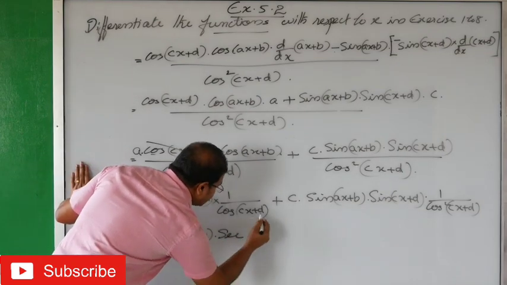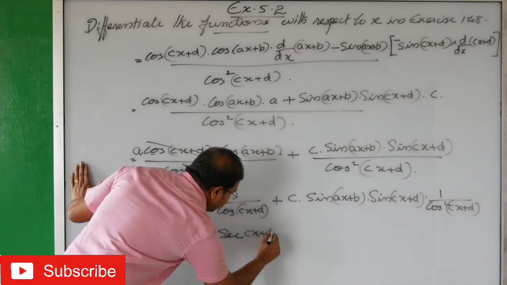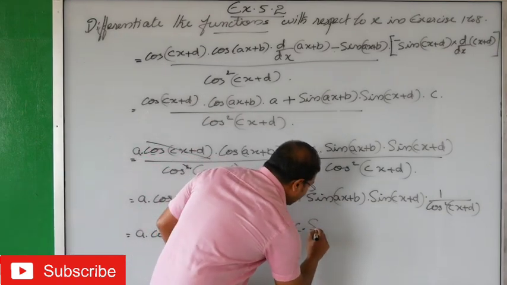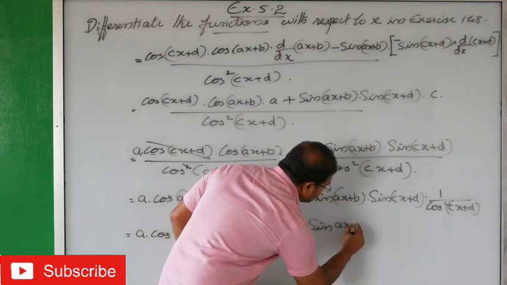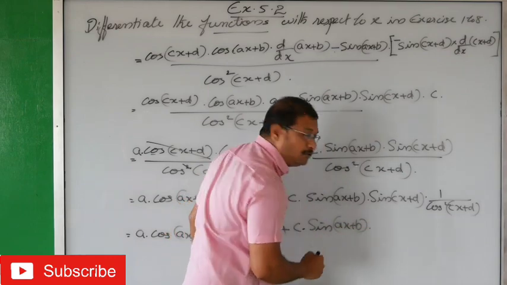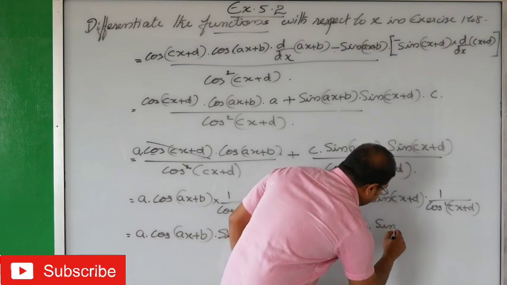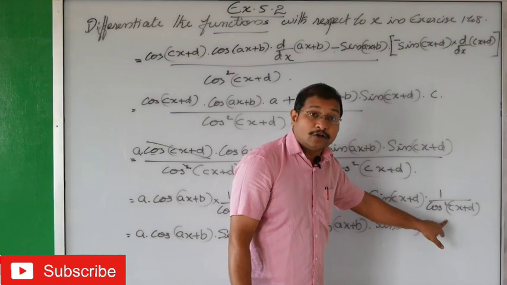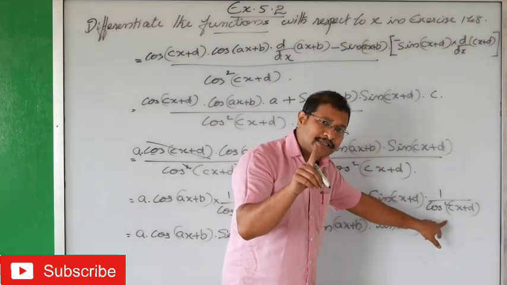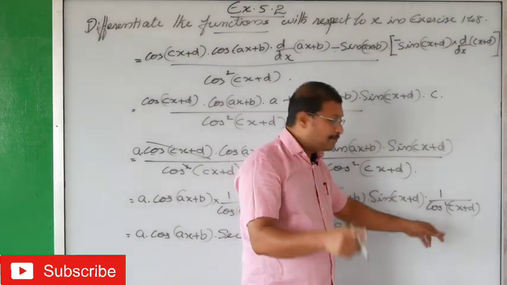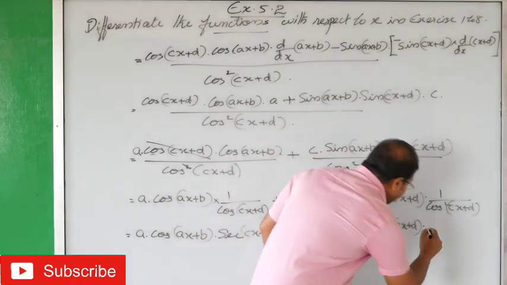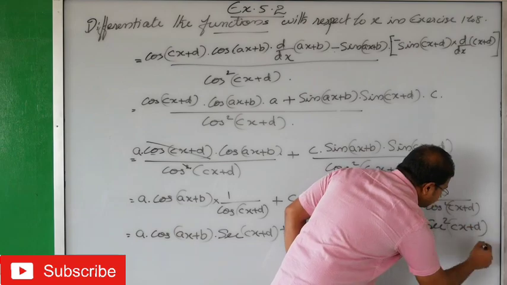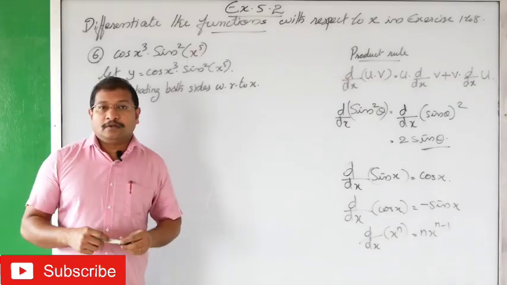Sec, in place of x what you write? cx plus d, plus c into sin ax plus b into sin cx plus d into 1 by cos theta or 1 by cos x, sec x, isn't it? That means 1 by cos square, what you will write? Sec square. Sec square cx plus d. This is your answer. Let's see the next question.